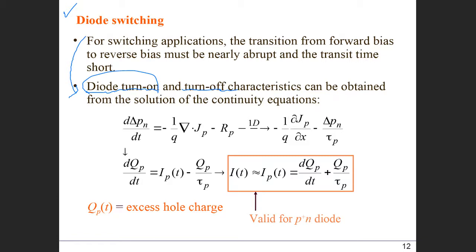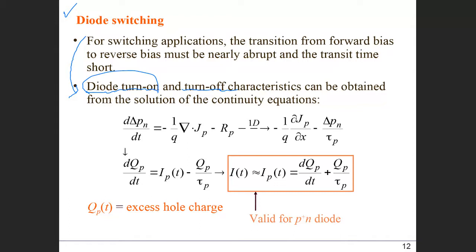Suddenly, we apply the forward bias to the PN junction diode, so that you start to see current flow through the device. That is the turn-on characteristic. Turn-off characteristic is when initially the diode operates in forward bias, and then you suddenly apply the reverse bias, for example. That's going to be the turn-off characteristic of the PN junction diode.